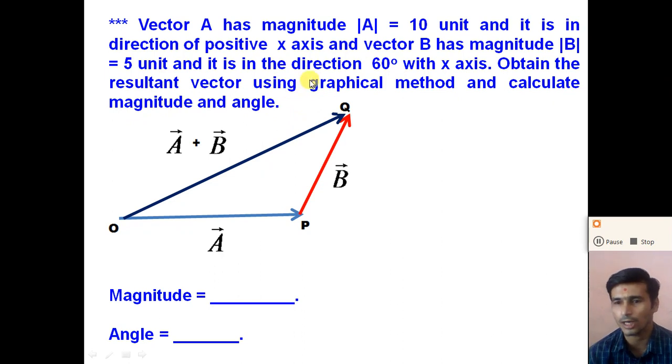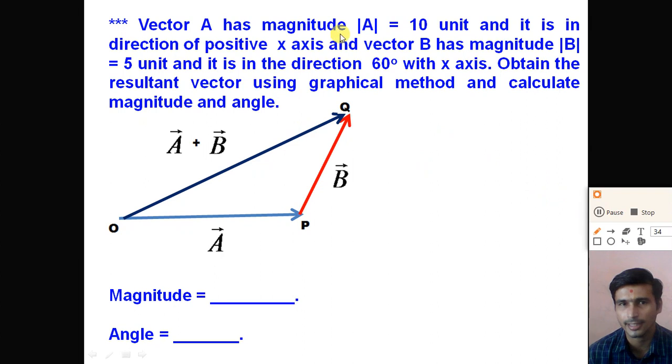To draw a vector, we know that we require a magnitude as well as a direction. Here vector A has a magnitude of 10 units and vector B has a magnitude of 5 units. Vector A is in the direction of the positive x-axis, right?